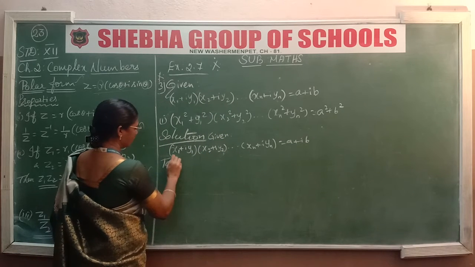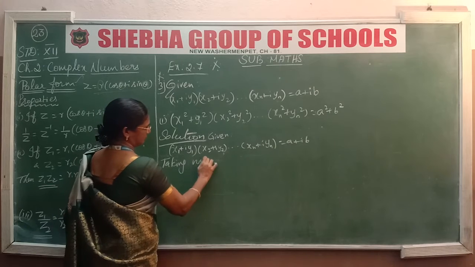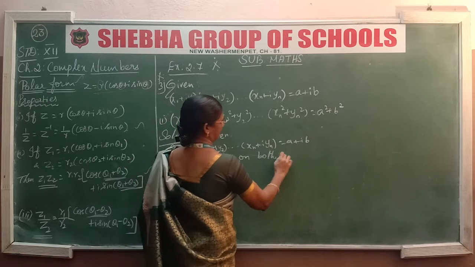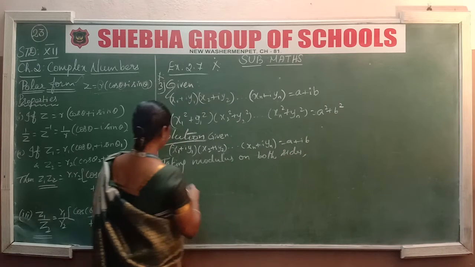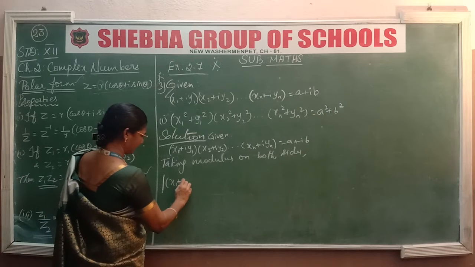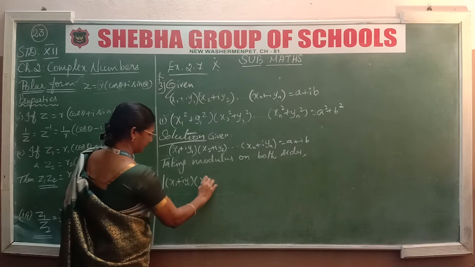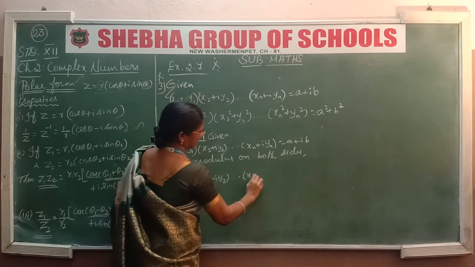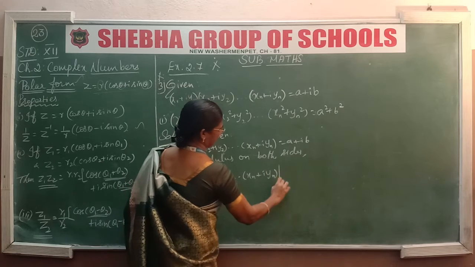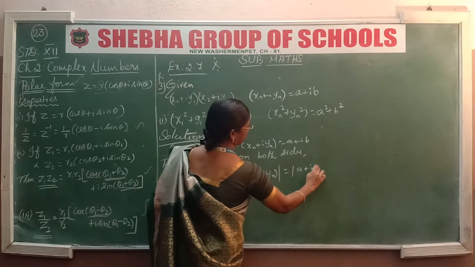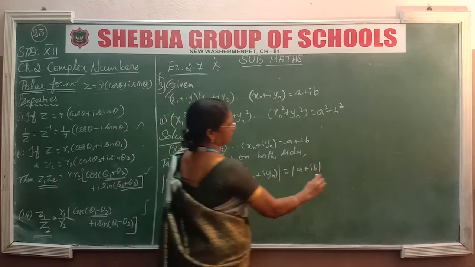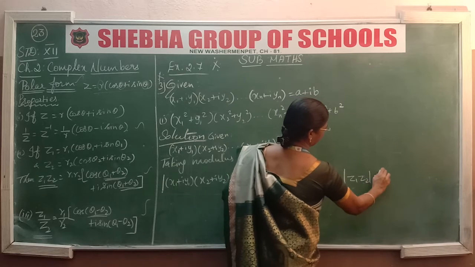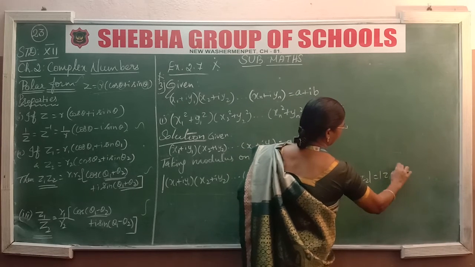Now taking modulus on both sides, we get modulus of (x1 plus iy1) into (x2 plus iy2) and so on into (xn plus iyn) equals mod of a plus ib. We know one modulus property, that modulus of z1 into z2 is equal to mod z1 into mod z2.